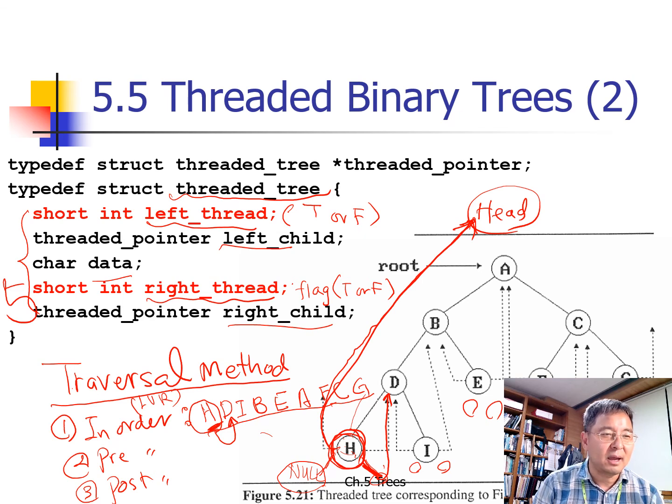And if I am at I, what is the node before I? That is D. And what is next of I? B. So before, we can utilize the left link field, and the right child link field will now point to B. Originally it was null. Okay, can I ask one question?